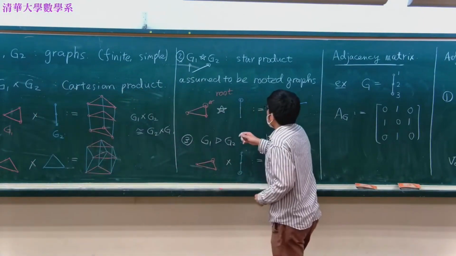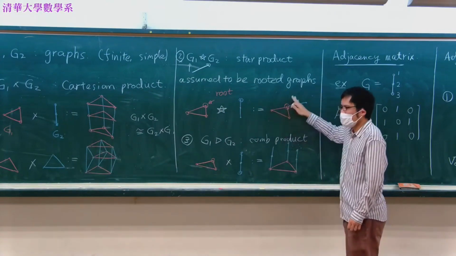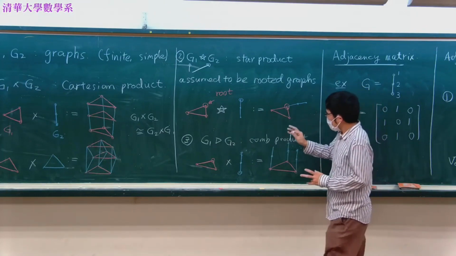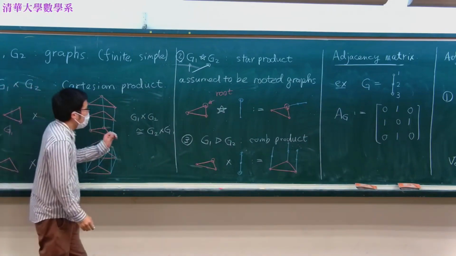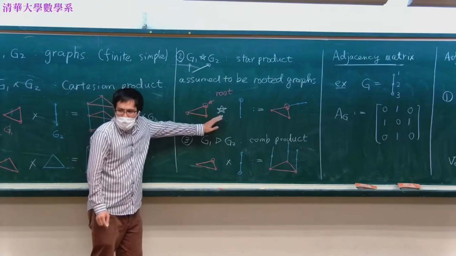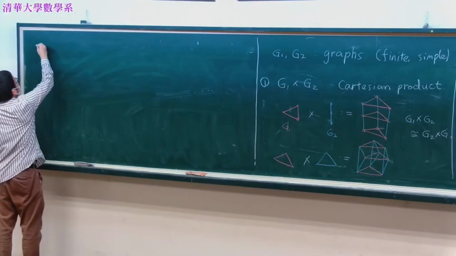To describe the adjacency matrix of the star product, this itself is not so complicated. But for later use, I'd like to embed the star product into the Cartesian product. There's some simple embedding.